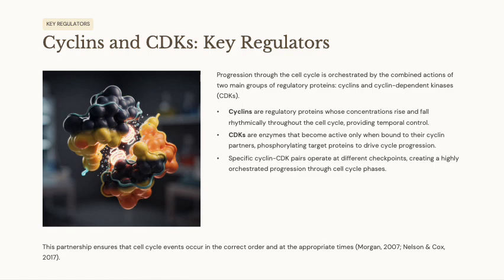CDKs are enzymes that become active only when they are bound to their corresponding cyclins. Different cyclin CDK complexes operate at different stages of the cell cycle, ensuring that events occur in the correct order. This coordinated interaction functions like a molecular clock, driving the cell toward each phase.